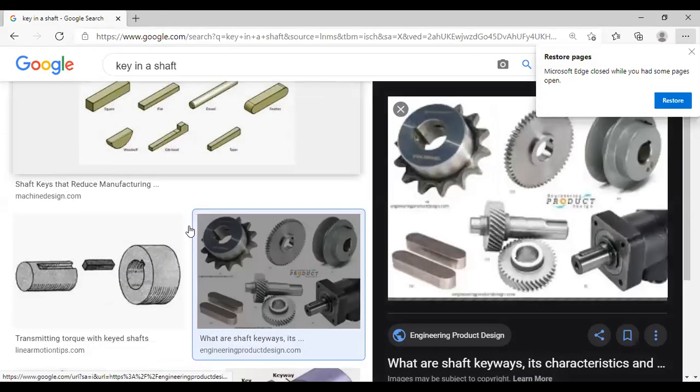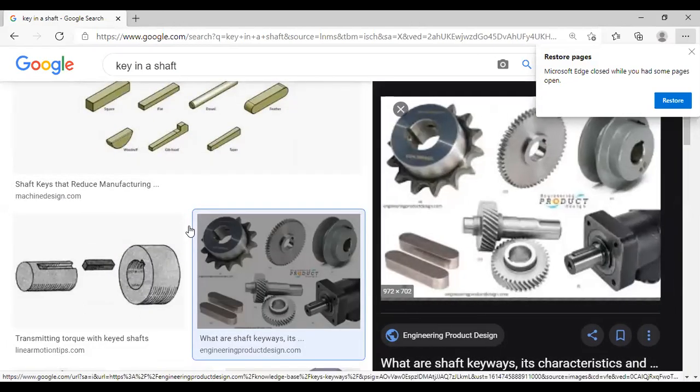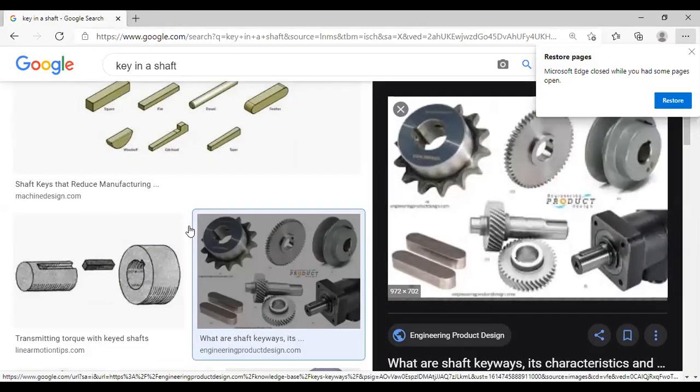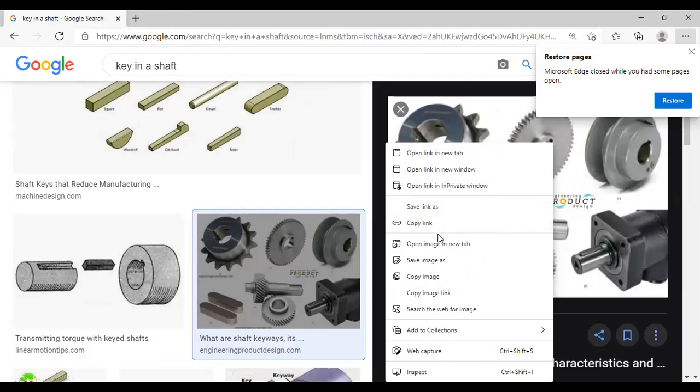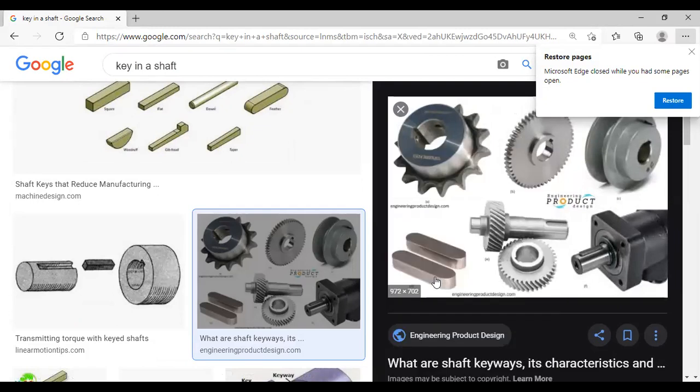And in these sprockets, you see these keyways. Actually, what we can do is copy this image and take it over here. So looking over here, these are your keyways.